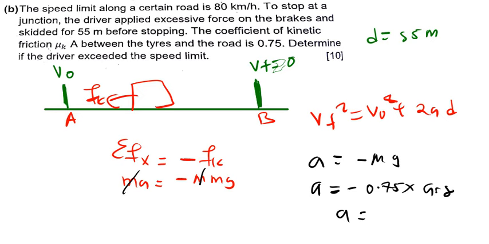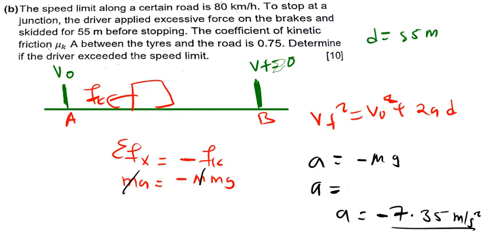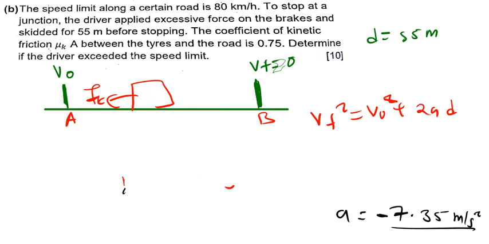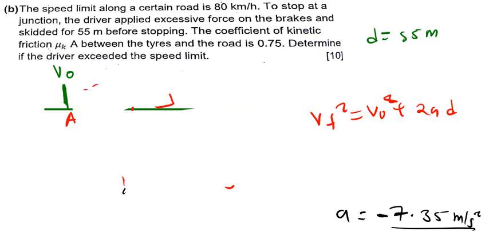No, not 0.3. 0.75 times 9.8 is 7.35. Confirm. Sorry, it's correct.